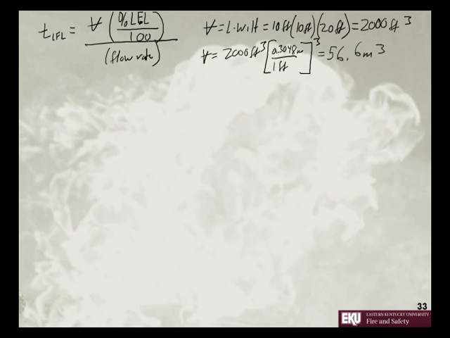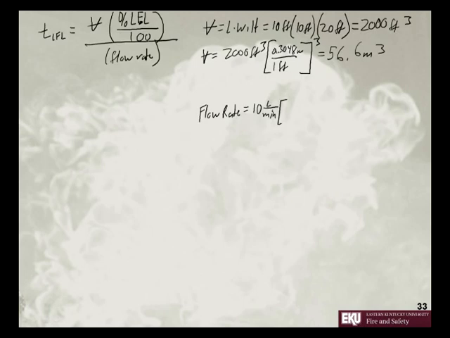We know our lower flammability limit. We need our flow rate in terms of meters cubed per second. So right now we know it's 10 liters per minute. That's what we said in the problem, liters per minute.